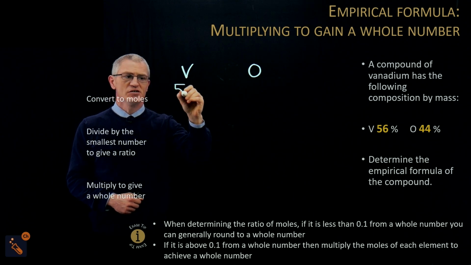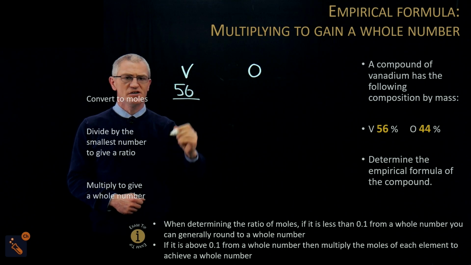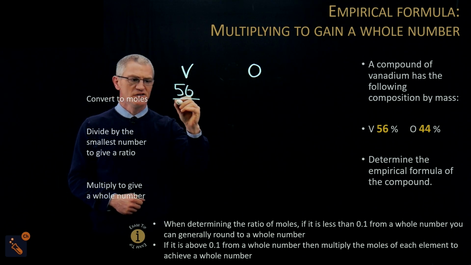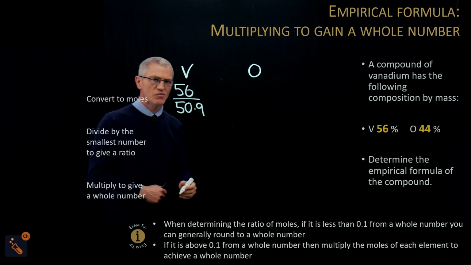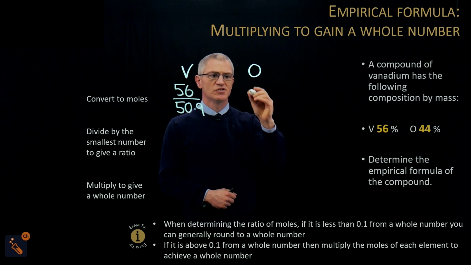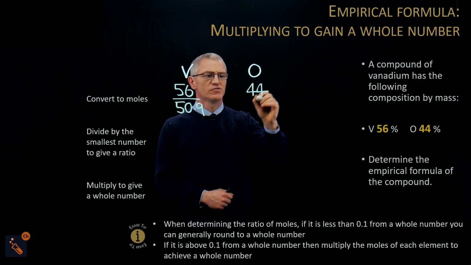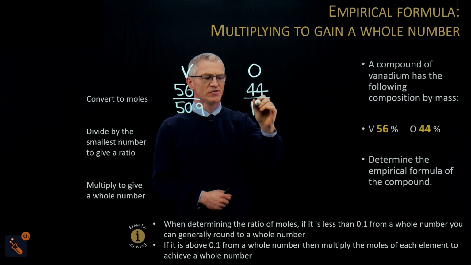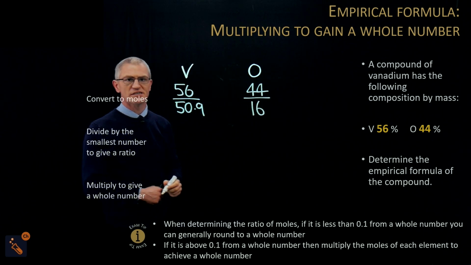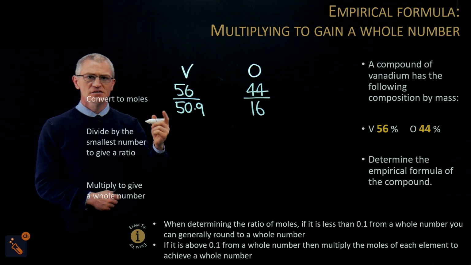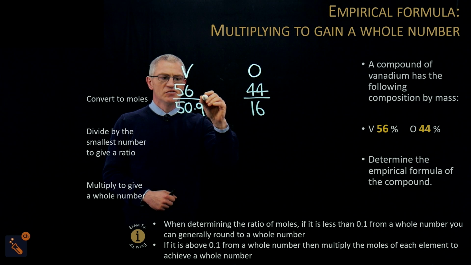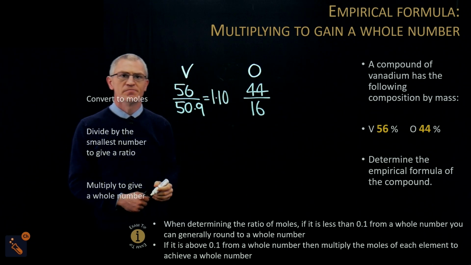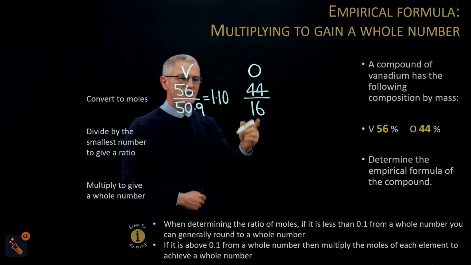So we go 56 divided by the atomic mass of vanadium, which is 50.9. We then go to oxygen: 44 divided by the atomic mass of oxygen, which hopefully you'll know is 16. Once we've done both of these, that will turn into a number. So if we look here, this is 1.1, and then this number is 2.75.